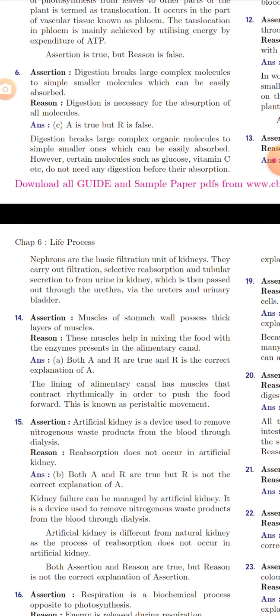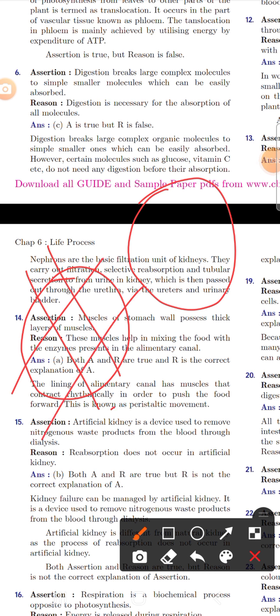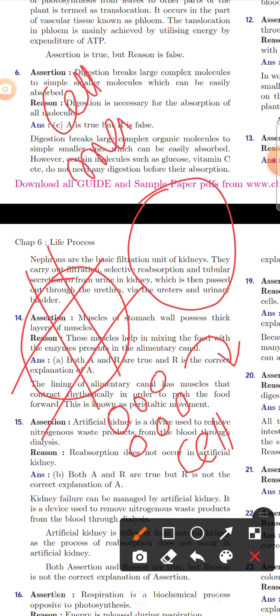The complex molecules cannot be absorbed. So the big molecules need to be broken down into small pieces so that they can easily enter into the cells through the cell membranes. And once they enter into the cells, they can be utilized in the synthesis of energy and the life processes can continue.